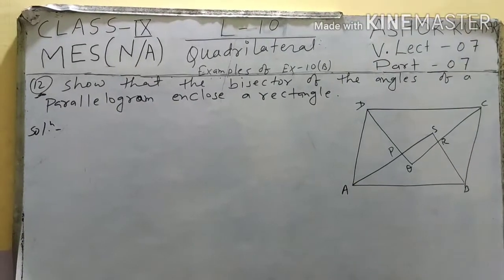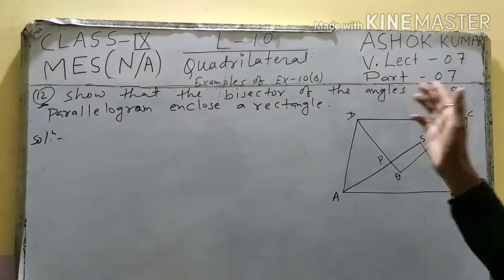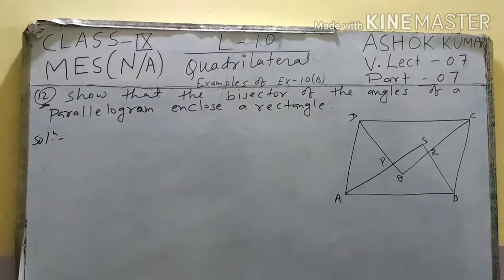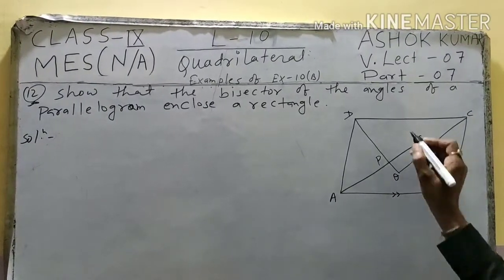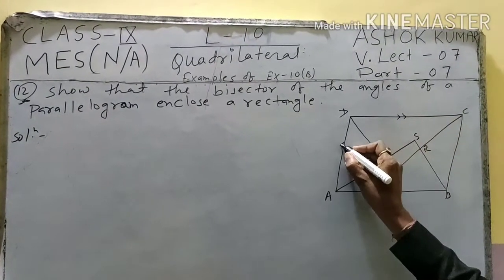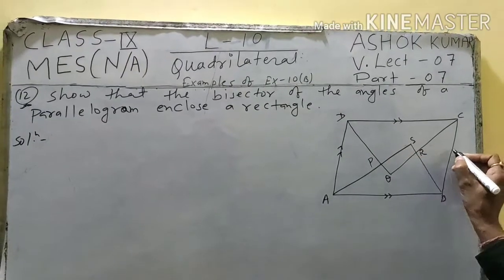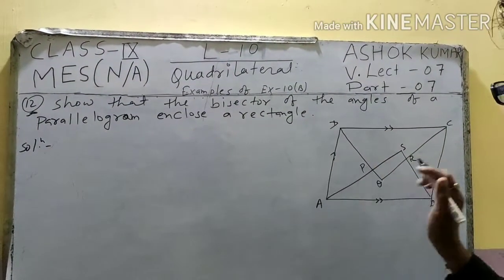So ABCD is the parallelogram, already given here. We know that this side is parallel to this side, and this side is parallel to this side.